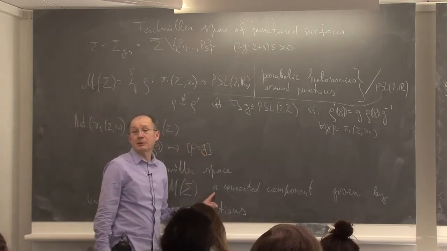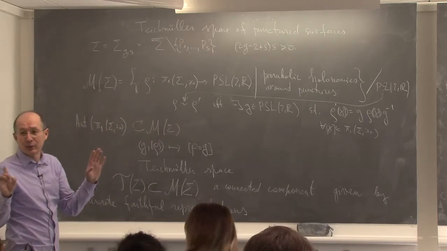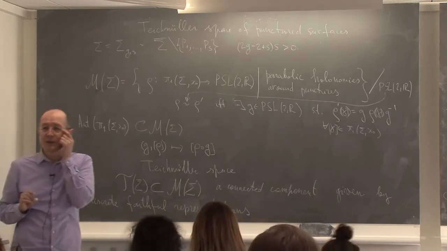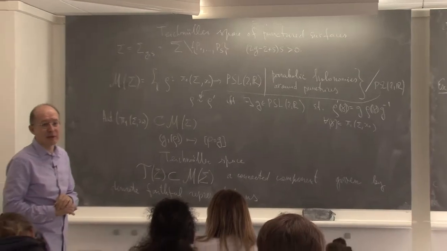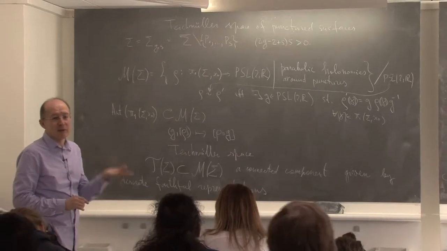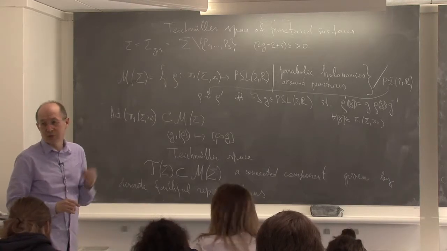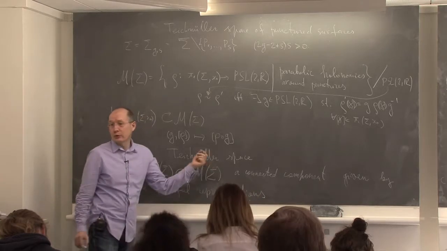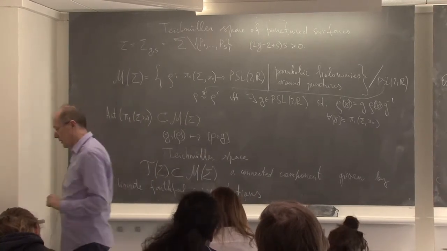Why a connected component? Because actually there are two connected components which both correspond to discrete faithful representations. And they are homeomorphic, and they differ from each other by the change of orientation of the surface. So we pick up one of those and call it a Teichmüller space.